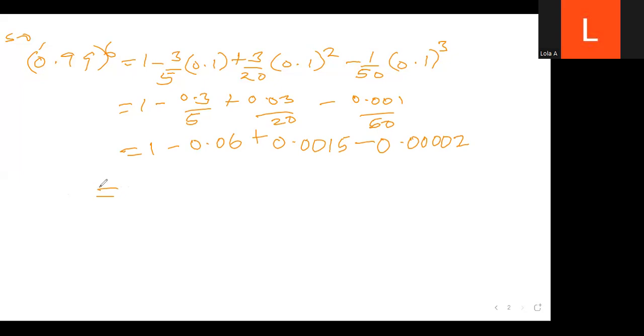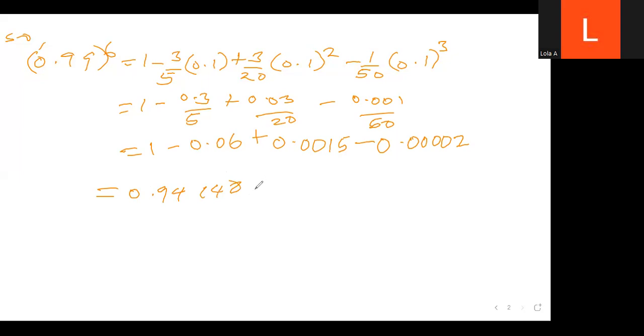So we can now add and subtract as the case is. 1 minus 0.06 plus 0.0015 minus 0.00002, and that equals 0.94148.